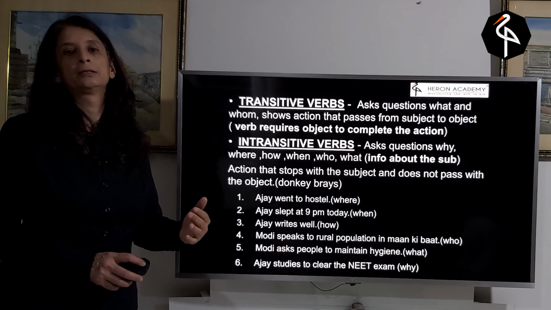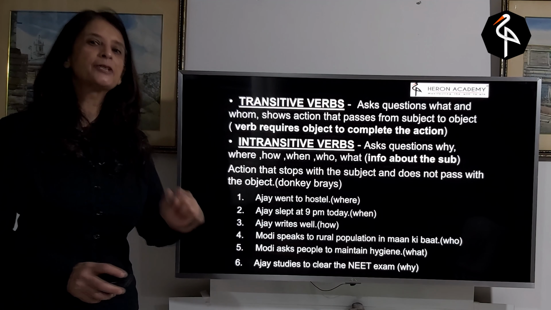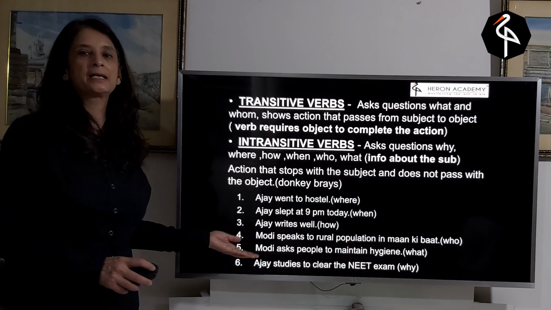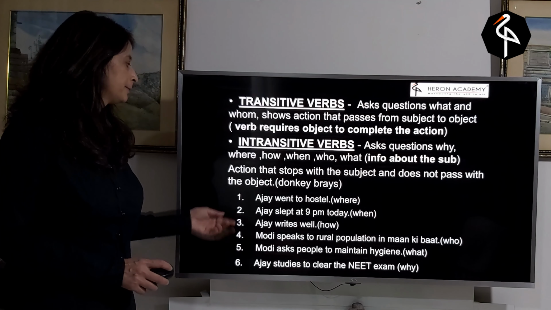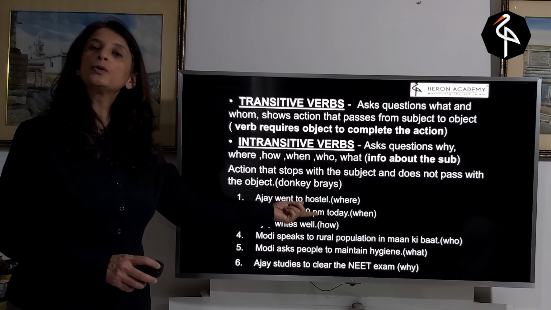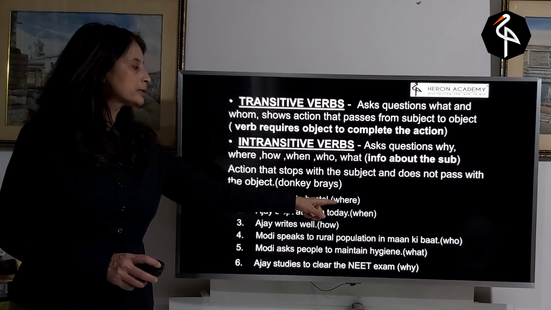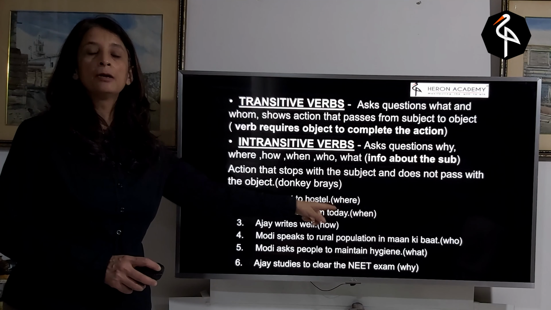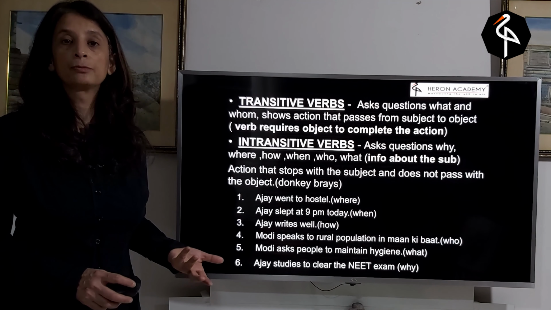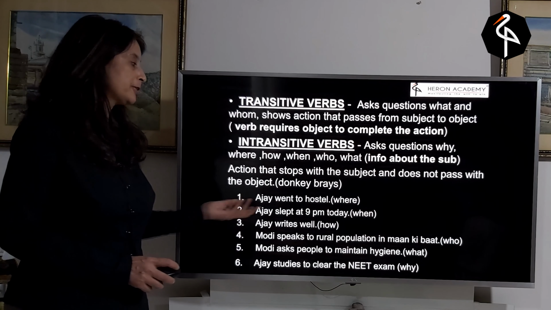Now with certain examples I will make you understand what exactly intransitive verbs are. Suppose: Ajay went to hostel. Now what are we talking about? Where did Ajay go? Ajay went to hostel.